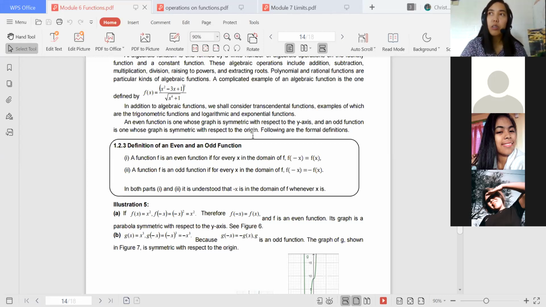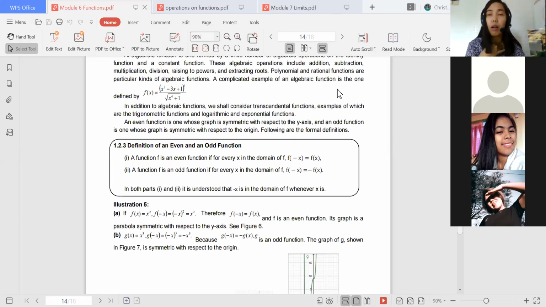If the function is symmetric to the y-axis, it's an even function. One of the examples that we can have for an even function is the quadratic. And we know that the graph of a quadratic function is a parabola. As discussed in the parabola lesson, the graph is symmetric to the y-axis. What divides it is the y-axis.